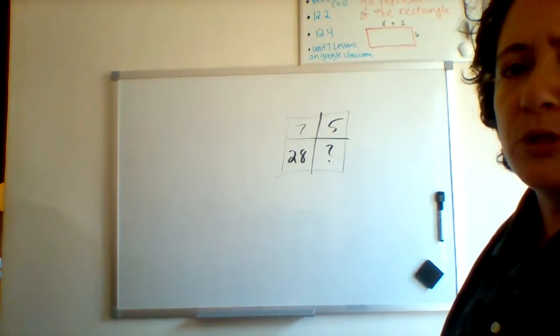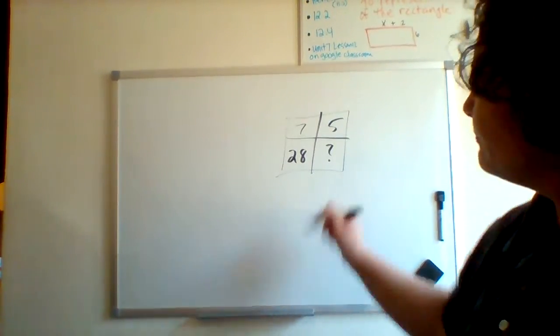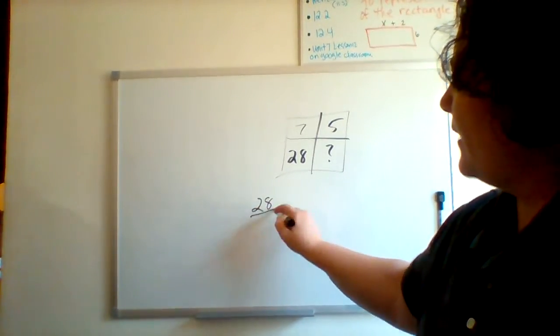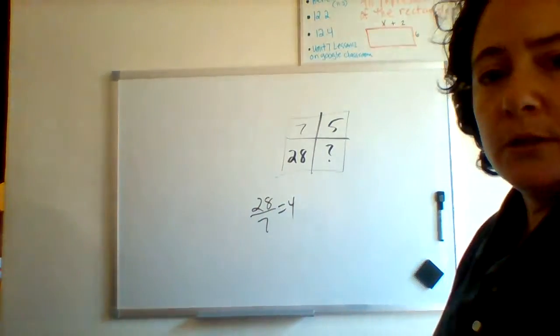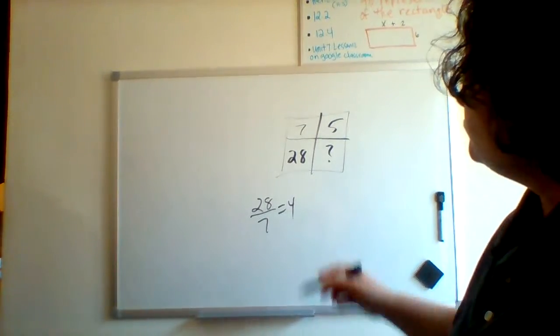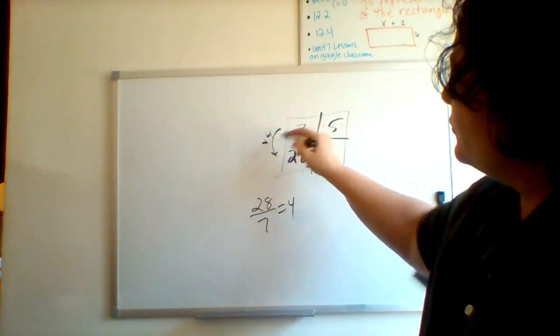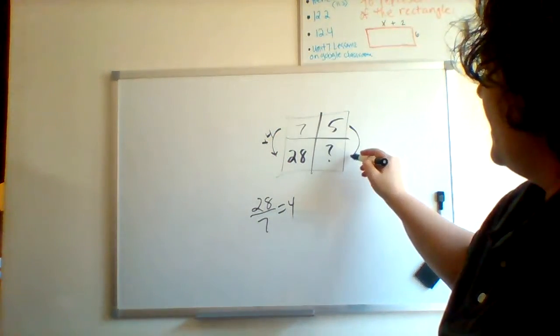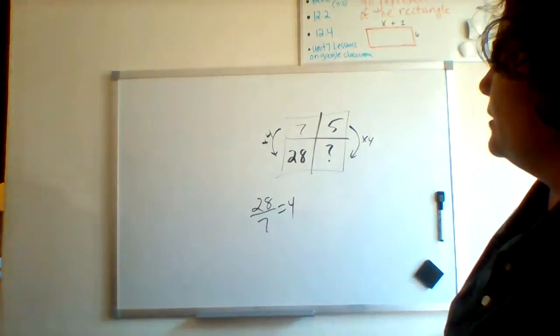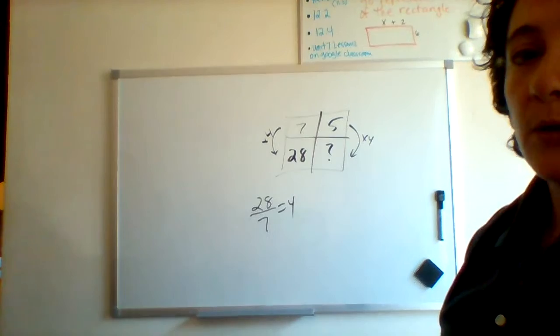What if it's just confusing me? What's the shortcut, or what's the method that you could always count on? Isn't 28 divided by 7 equal to 4? So you can use division to still find your answer. And then you know for sure that 7 times 4 is 28, and 5 times 4 is 20. So yes, Alana, you can use division to help you out.